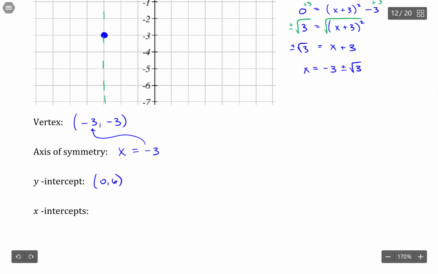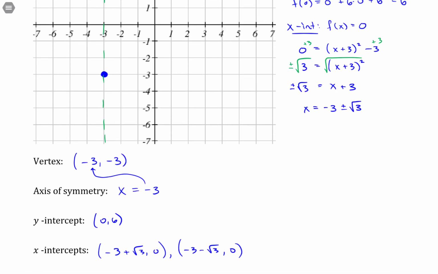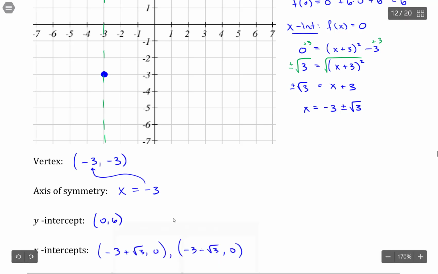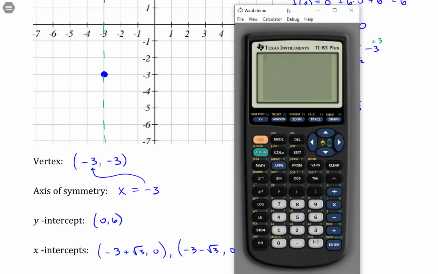So that gives us the location of the x-intercepts: (-3 plus the square root of 3, 0) and (-3 minus the square root of 3, 0). But where do we find them on our graph? That's where you might want to use a calculator to come up with an approximation. You just need to know how to get a square root on your calculator.